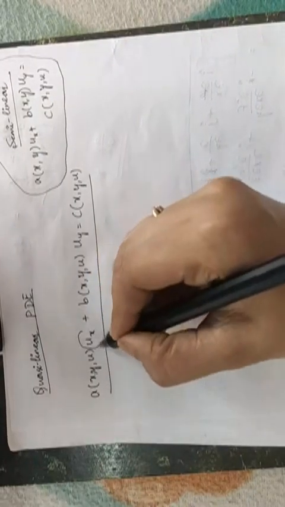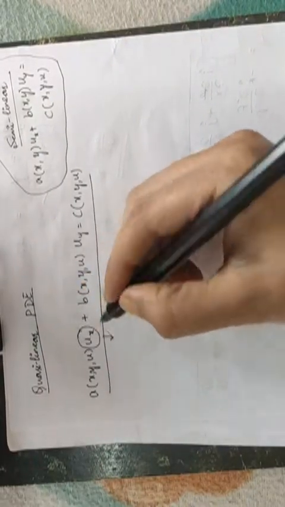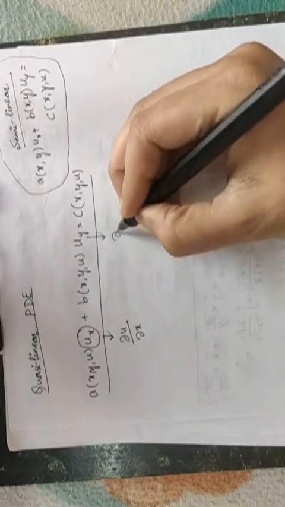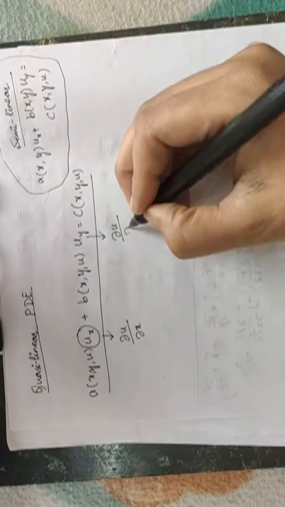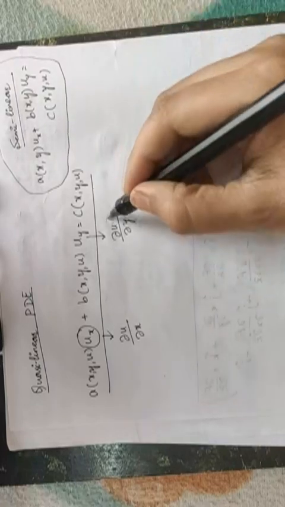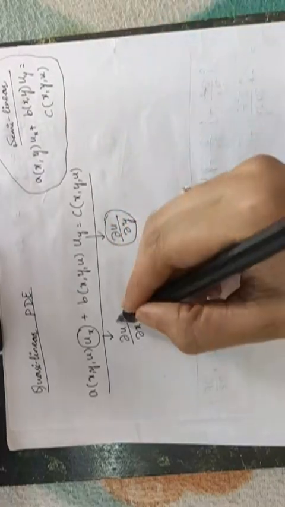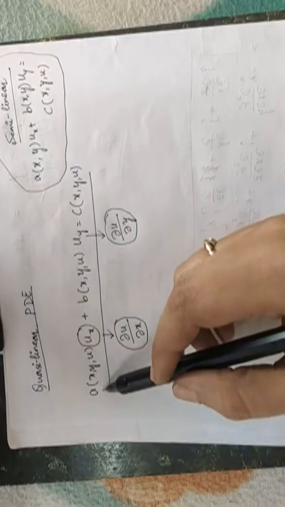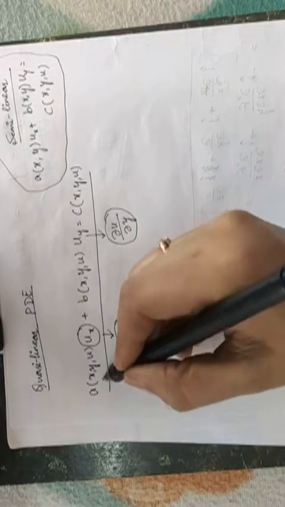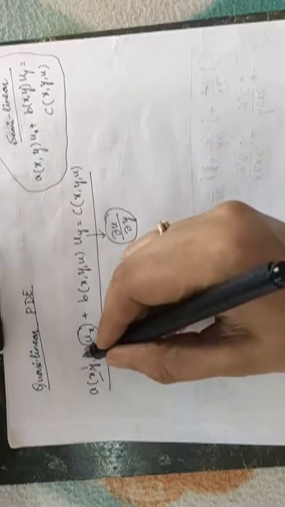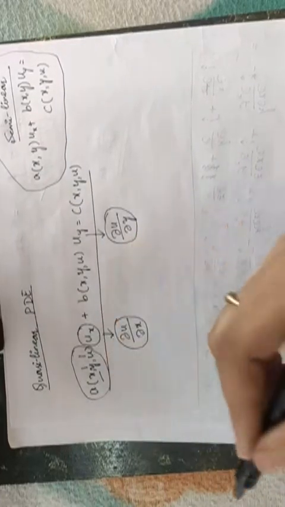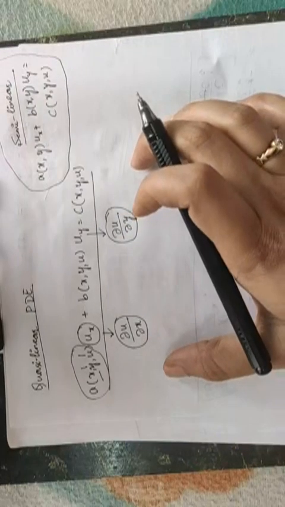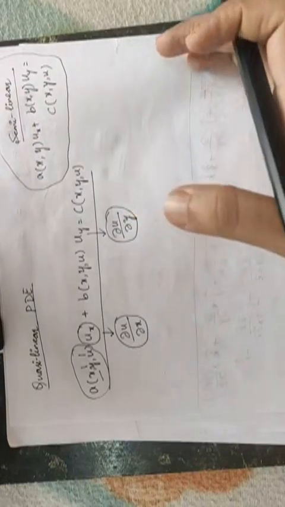The coefficients of u_x, the partial derivative of u with respect to x, and u_y, the partial derivative of u with respect to y, will be functions. They may be constant or functions of x or y or u or a combination of these three things. So this is the quasi-linear partial differential equation.